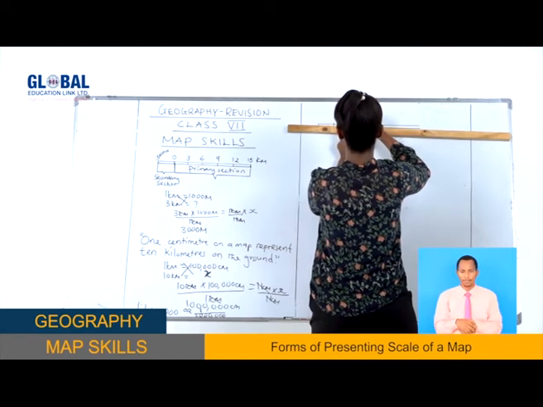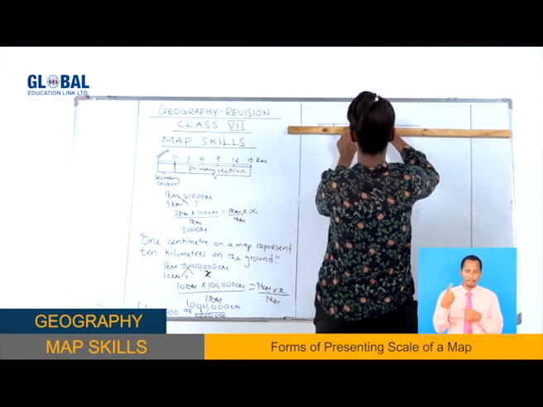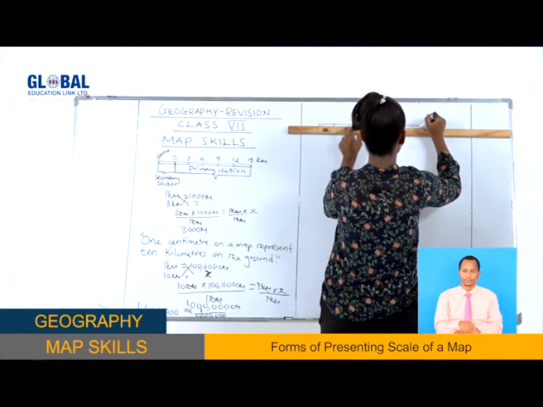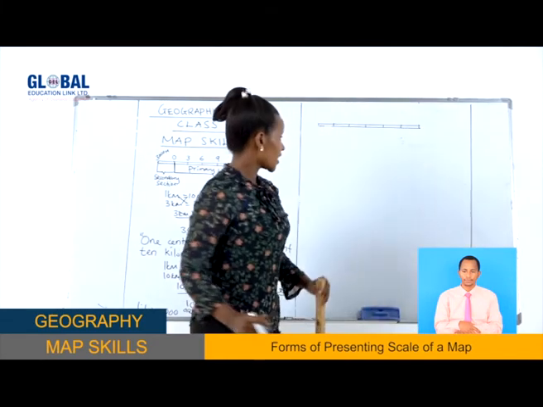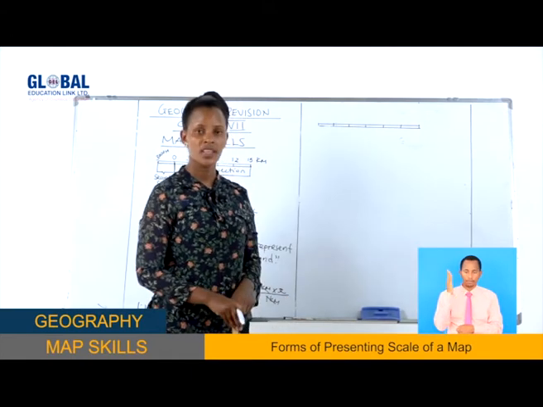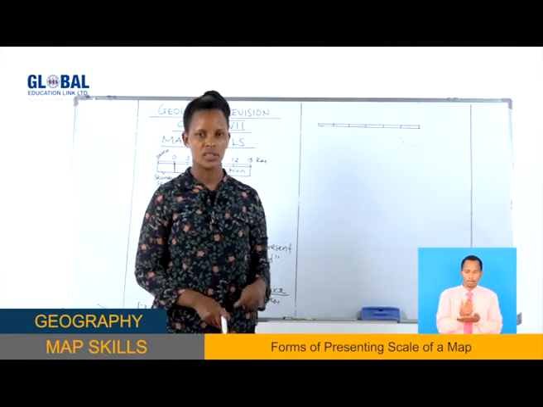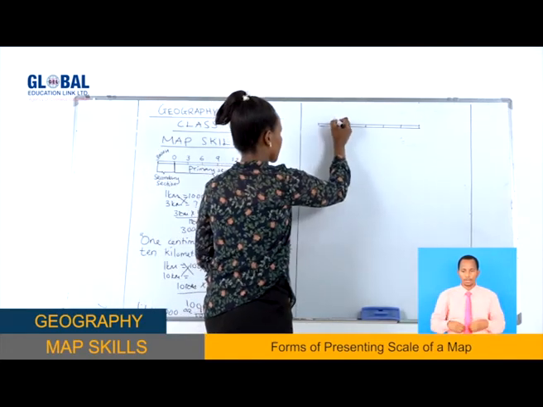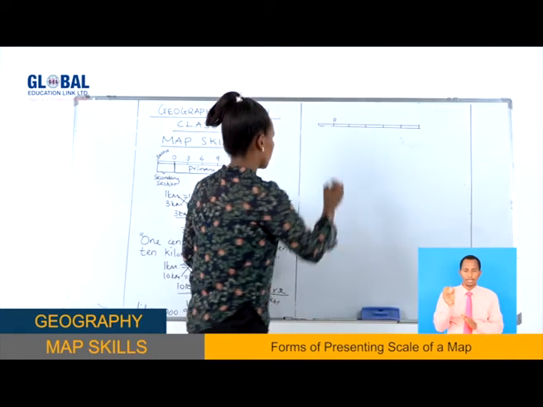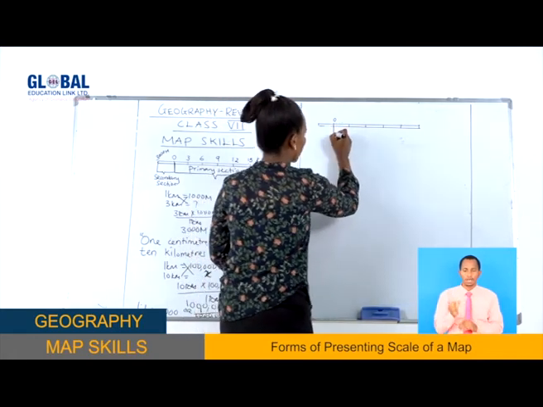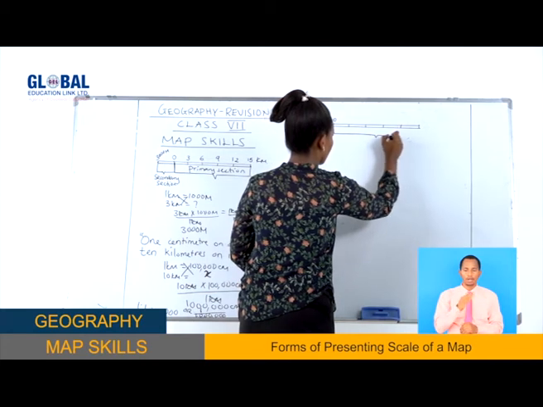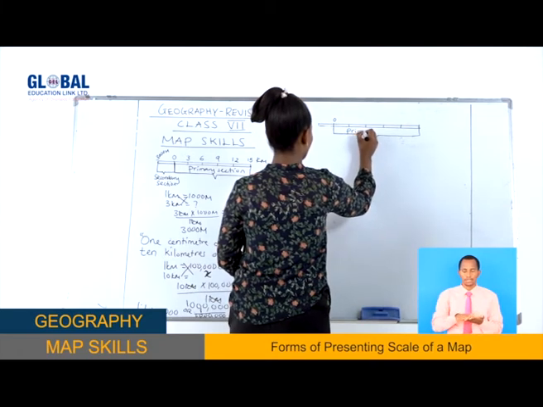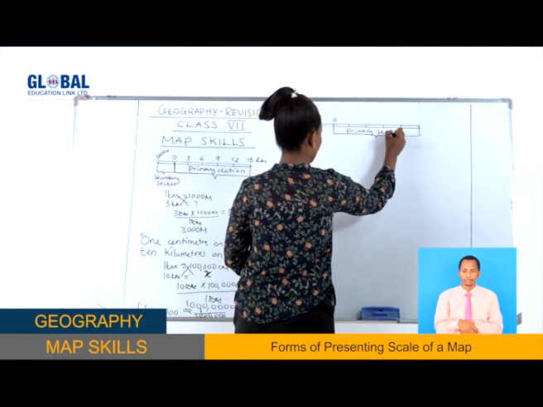Here 1 centimeter, another 1 centimeter, another 1 centimeter. Then from here you have to divide into 2 sections, primary section and the secondary section. Then here you find the starting point, which is 0 mark. Then from 0 mark going right hand side, we call it primary section in kilometers.